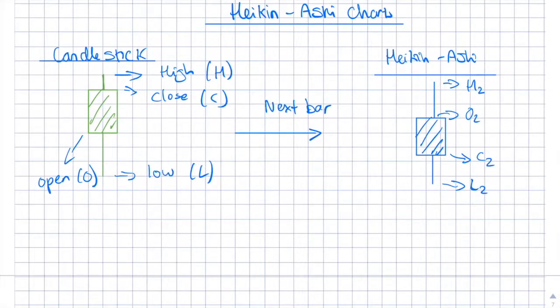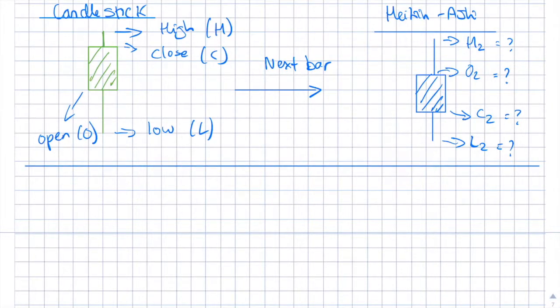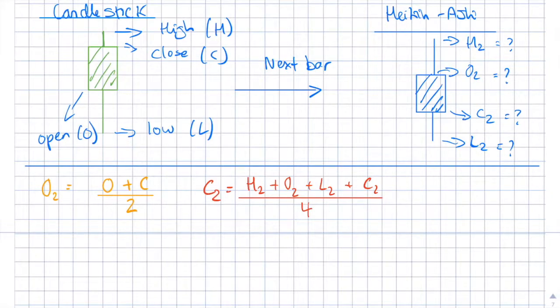And how do we calculate them? Let's start with the opening price. The opening price is the average of the previous bar, so it's equal to the previous open plus the previous close, divided by 2. And the close of the Heikin Ashi is H2 plus O2 plus L2 plus C2, divided by 4.